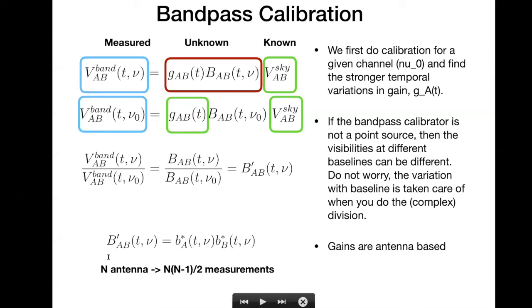And this quantity, which I have one for each baseline, so I have n into n minus 1 by 2 measurements there. So I can use those measurements to constrain these n antenna gains. And just like before, if you add a noise term which is always there, it doesn't matter because you do a least square type of minimization and you find out the bandpass. Okay. So this is the basic of bandpass calibration.